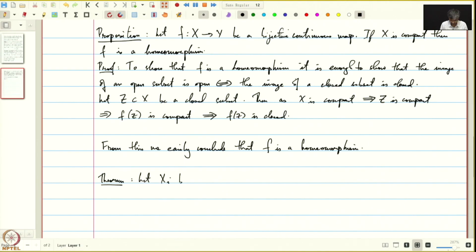Let Xi be compact topological spaces for i in I. So, this capital I is now a possibly infinite index set. Then this product of the Xi, obviously being given the product topology, is compact. So, this is called Tikhonov's theorem.